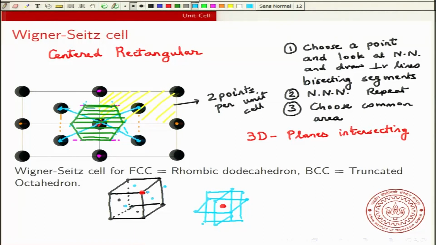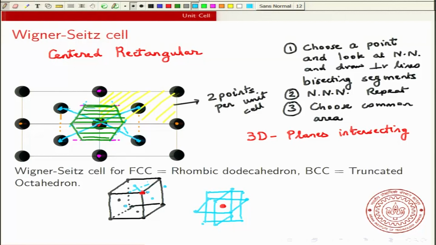So there are 12 nearest neighbors, and now if you imagine that you are dropping segments to the nearest neighbors, what is perpendicular to this will be a plane. So the object that is perpendicular to this will be a plane that goes in this direction, and it is perpendicular to this line. So you will have planes intersecting, and now you can see that it's a lot of work to actually find out the Wigner-Seitz cell.